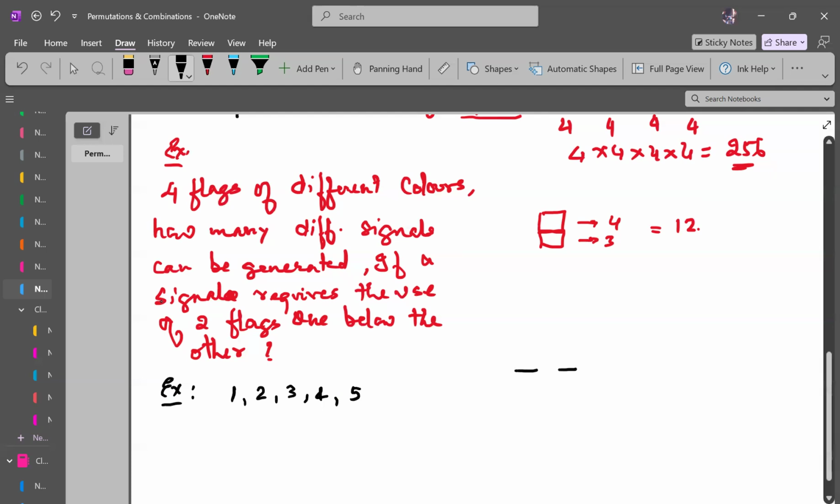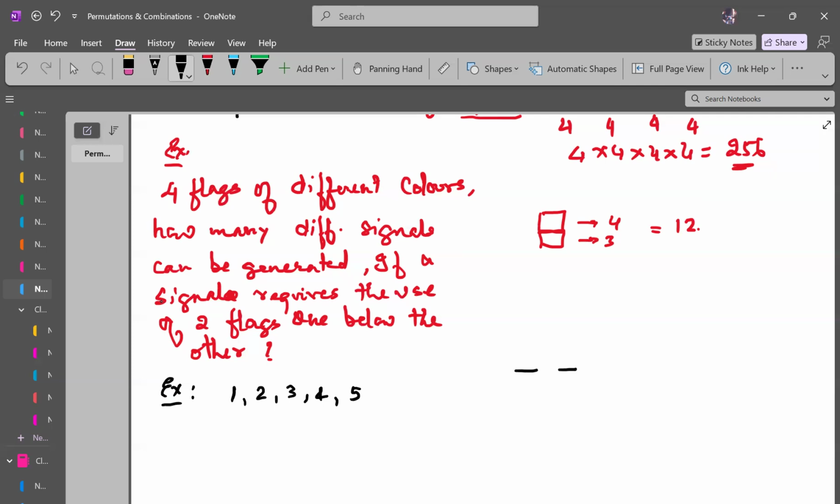Five cannot go here. Two-digit number. Four can only come here. Two can only come here. So here only two, and this side here. So I think the answer is 10. Yeah, the answer is 10.